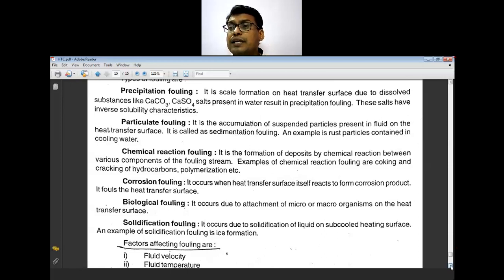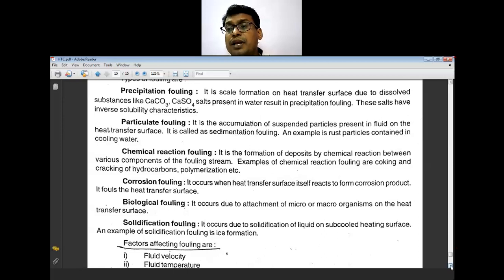It is the accumulation of suspended particles present in the fluid on the heat transfer surface. It is also called sedimentation fouling, the sedimentation of particles. Suspended particles are getting settled. There is a difference: in one, salts get deposited, and in the other, suspended particles get deposited.